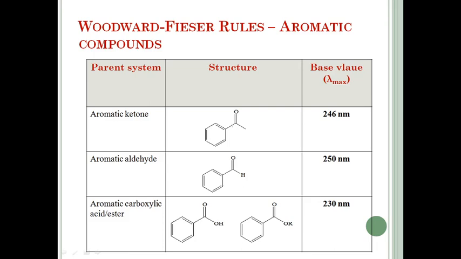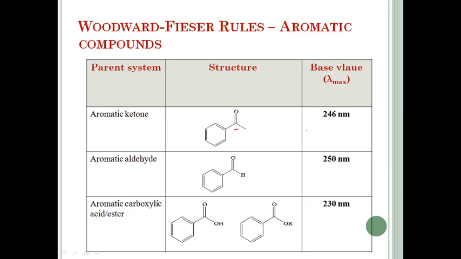So here the functional group present is C double bond O CH3, or simply known as acyl benzene, and the functional group category is an aromatic ketone.